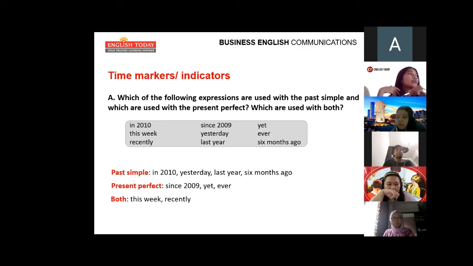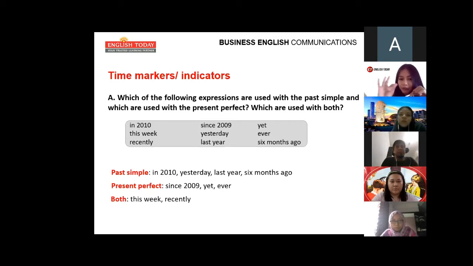You can use past simple or present perfect for that. So this week, this year, recently. But for now, don't worry too much about the detailed parts. We'll get there slowly today.